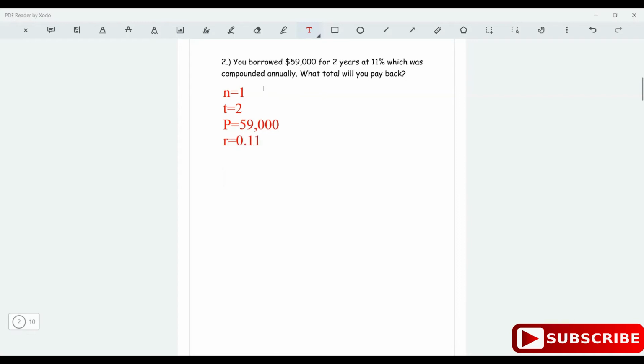So the amount is equal to the principal of 59,000 times 1 plus 0.11 divided by n, where n is 1, and this is raised to the n times t, which is 1 times 2. And that works out to be 59,000 multiplied by 1.11 raised to the second power.